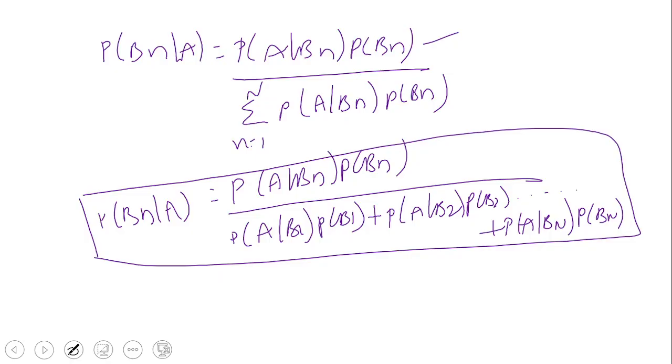In the Bayes theorem, if you know one conditional probability, that is A given Bn, and the prior probability, that is P of Bn, then we can calculate the other conditional probability, P of Bn given A. Here the P of Bn are called the a priori probabilities.